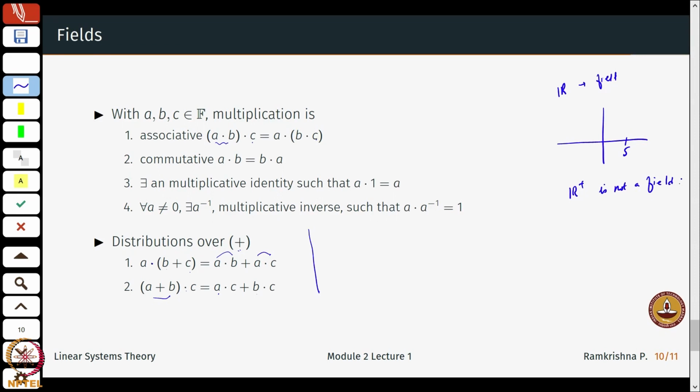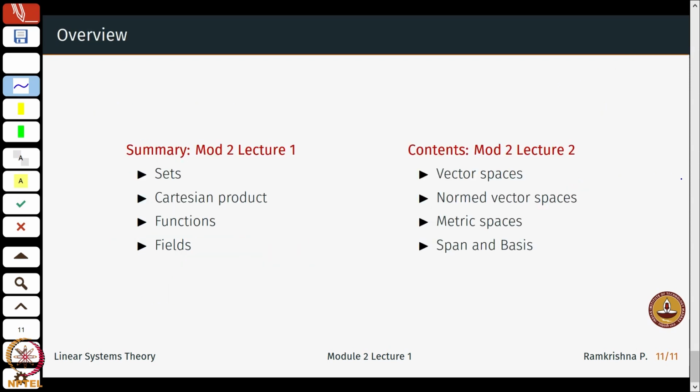This is just a brief prelude to the things we will start in linear algebra in the next course. We will shortly look at vector spaces, non-vector spaces, matrix spaces, and then come to span and basis for a vector space.